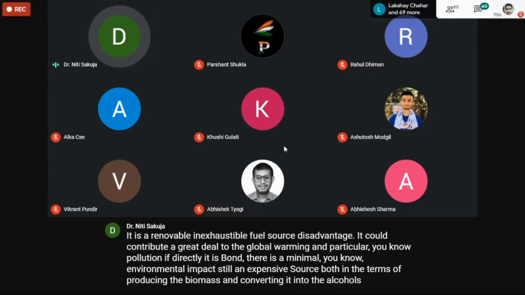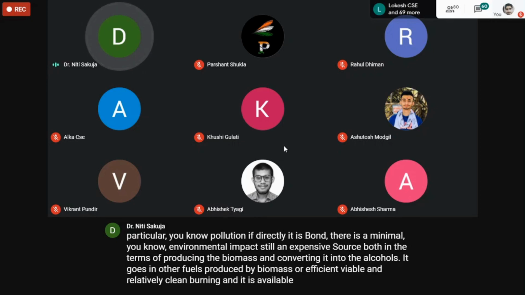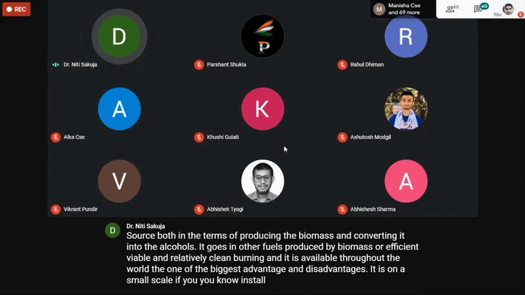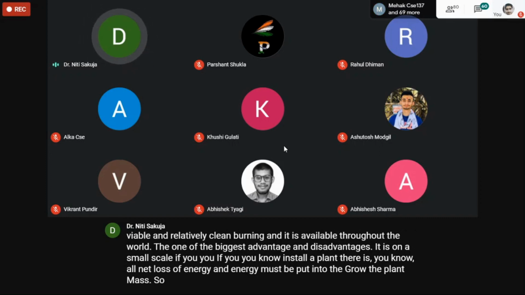Alcohols and other fuels produced by biomass are efficient, viable, and relatively clean burning, and they are available throughout the world. One of the biggest disadvantages is on a small scale. If we install a plant, there is a net loss of energy, and energy must be put into growing the plant mass. So these are some of the advantages and disadvantages of using biomass.